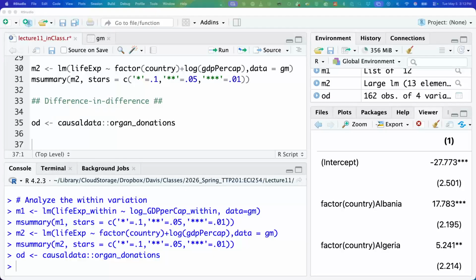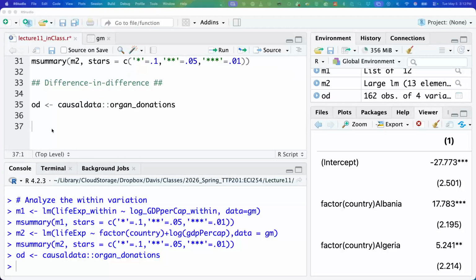Okay, so this program kicked in the third quarter of 2011 in California.